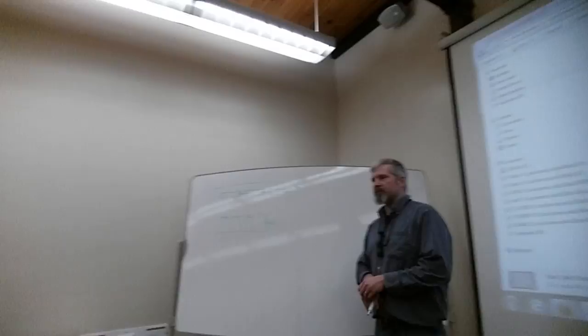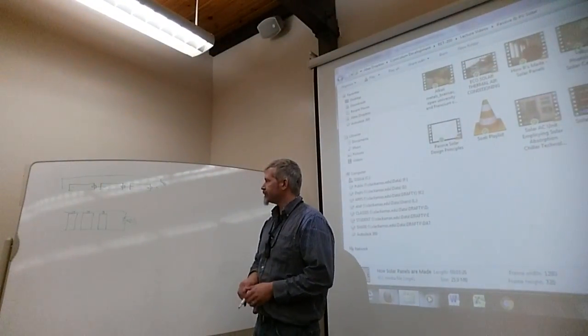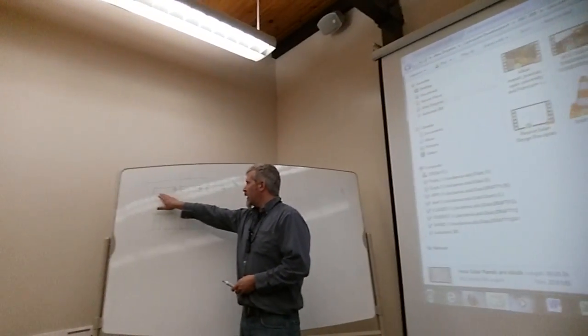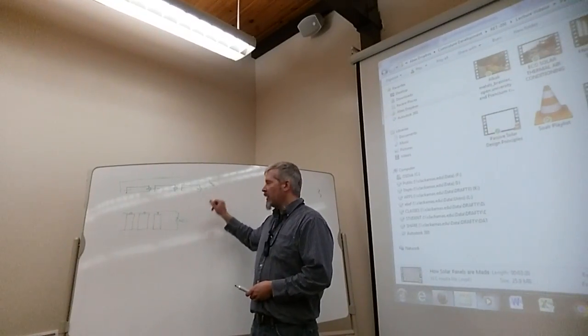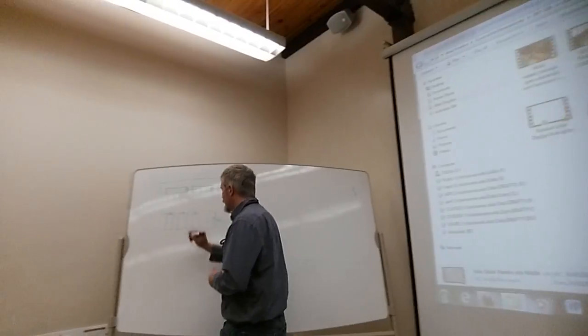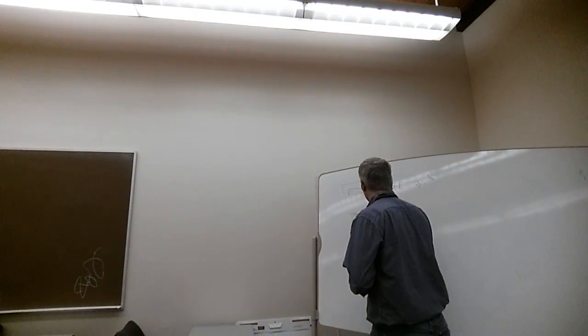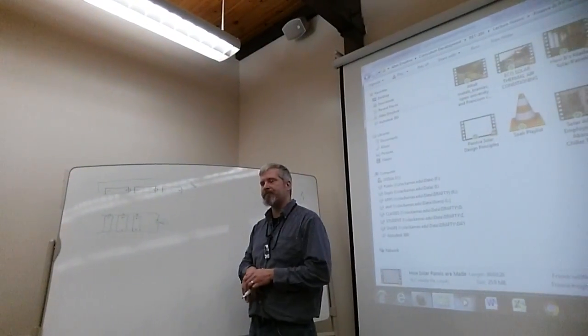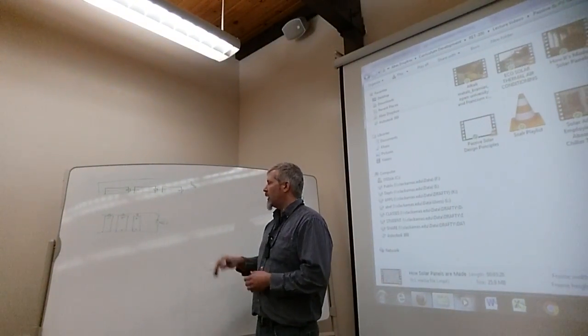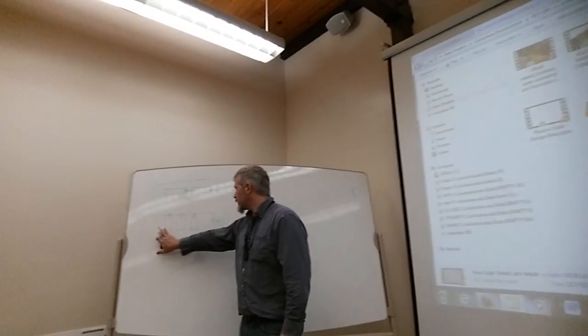We can hook these cells up in two different ways. We can hook them positive, negative, positive, negative, positive, negative to turn on a light bulb. And we can also hook them up positive, positive, positive, negative, negative, negative. Either way could work depending on the light bulb.